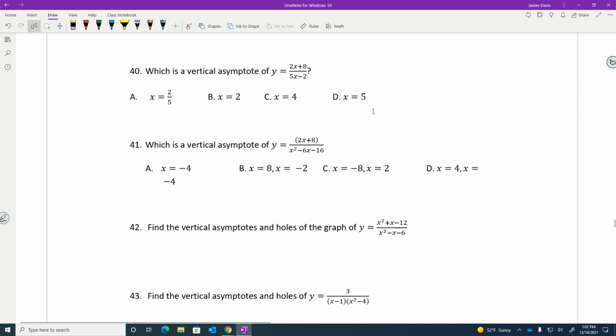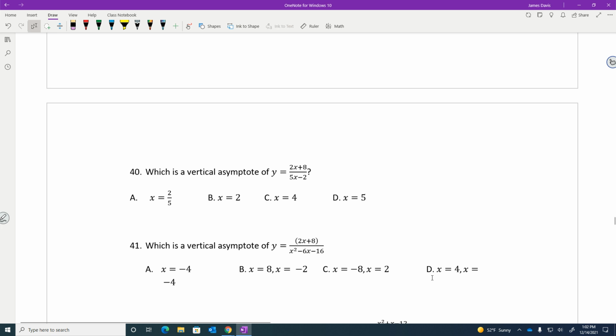Next page, this is called the asymptote page, because that's what it's all about, vertical and horizontal asymptotes. So for the vertical asymptote, let's first define how you would find that.